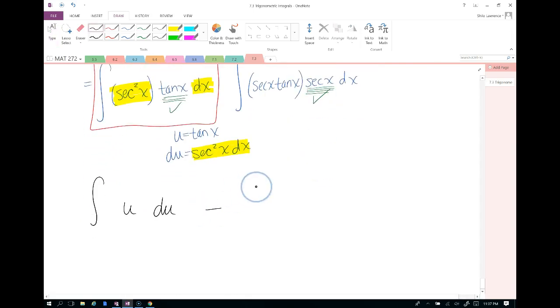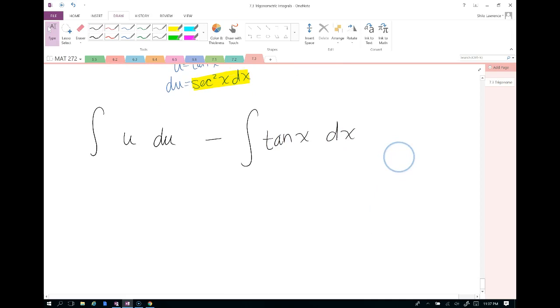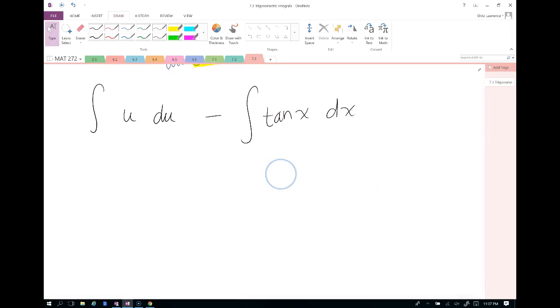That is a completely separate integration problem, and that one is not going to be done with the same u substitution setup. And in fact, on page 527 in our textbook, there are some integration tables for tangent, cotangent, secant, and cosecant.